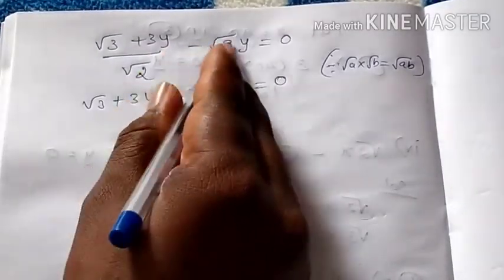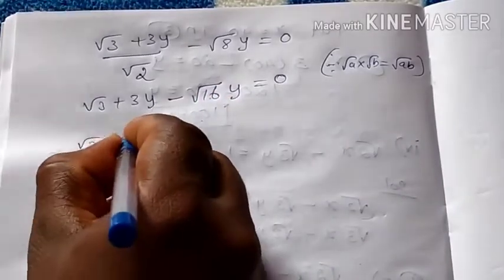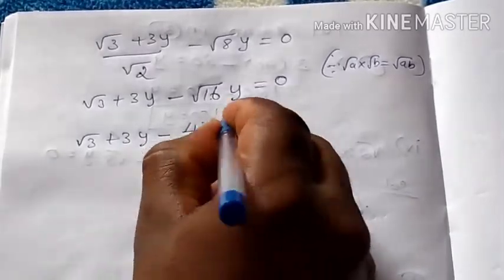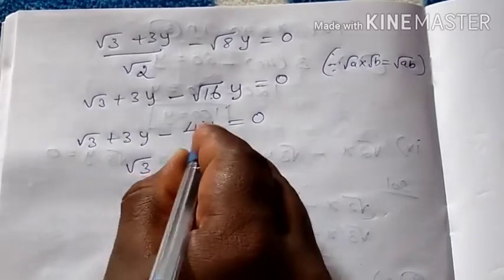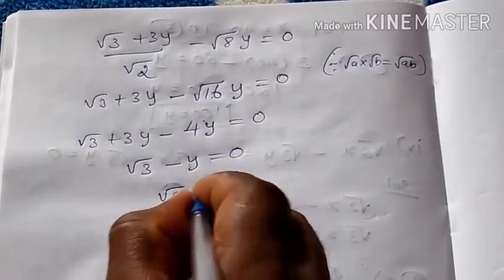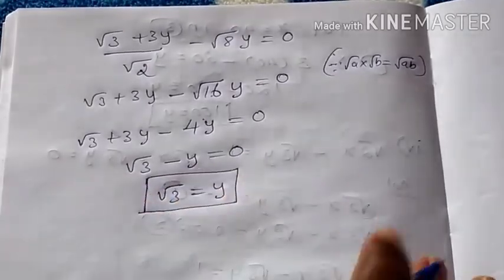So root 2 into root 8 is root of 16. Okay, root 3 plus 3y minus root 16, whose value is 4, 4y equal to 0. Root 3, 3y minus 4y is remaining, minus y equal to 0. So root 3 is equal to, making the transposition, y is equal to root 3.